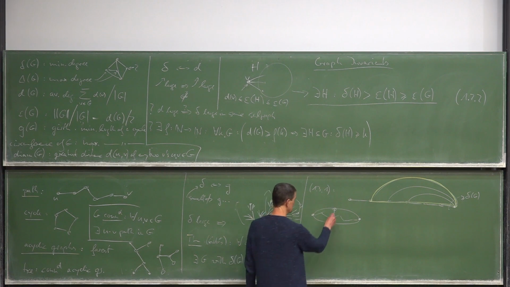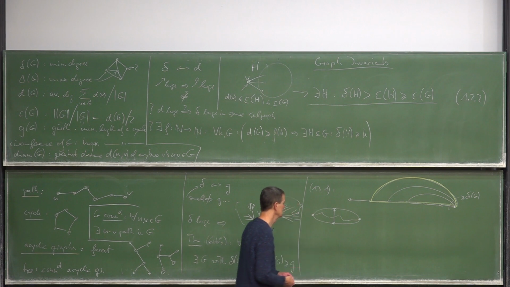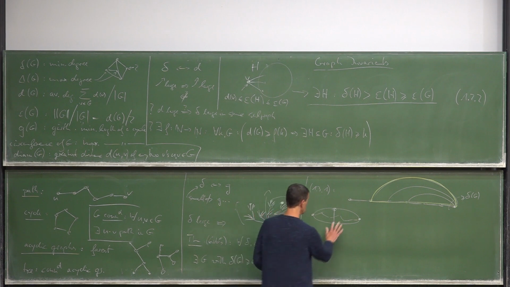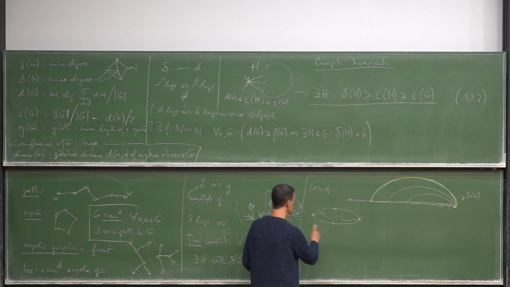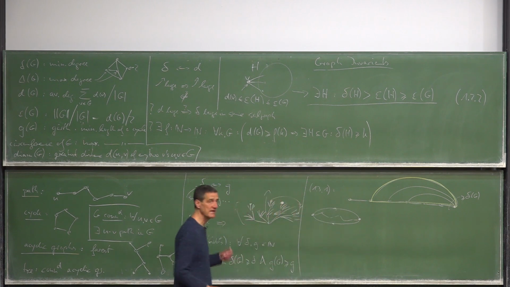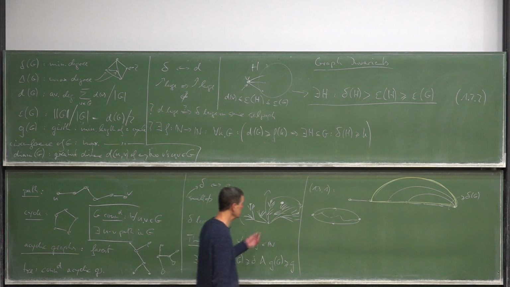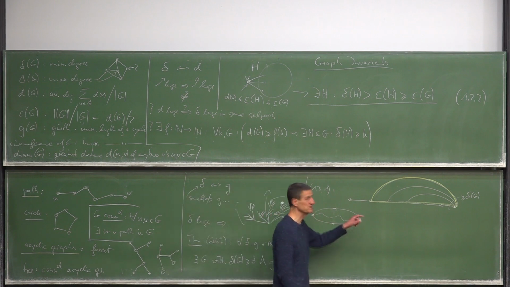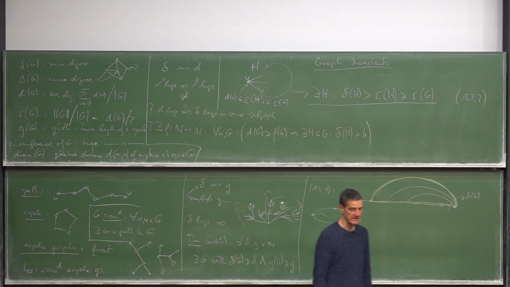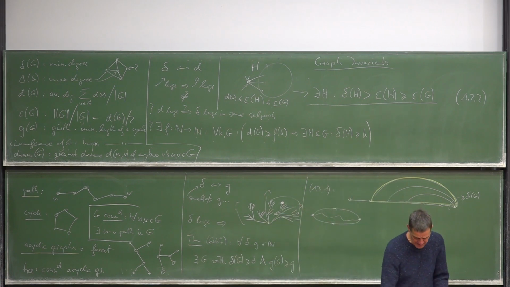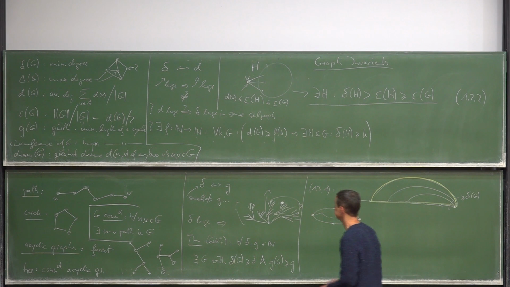There may be some vertices here that are closer. The diameter is the maximum distance between any two vertices, so the maximum length of the shortest path between any two vertices. Okay, so how is the diameter related to the girth?